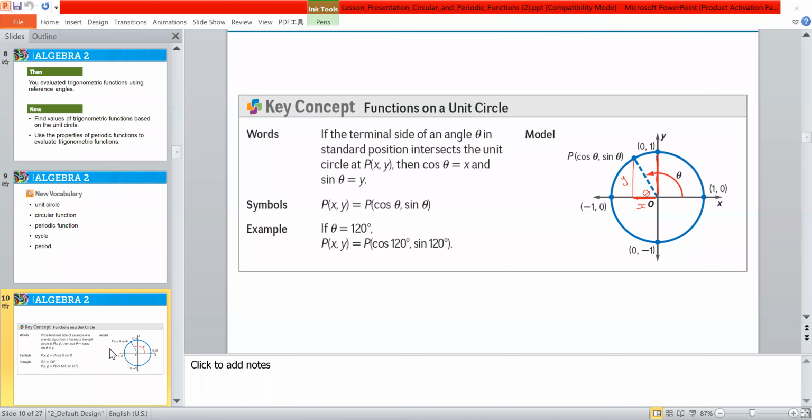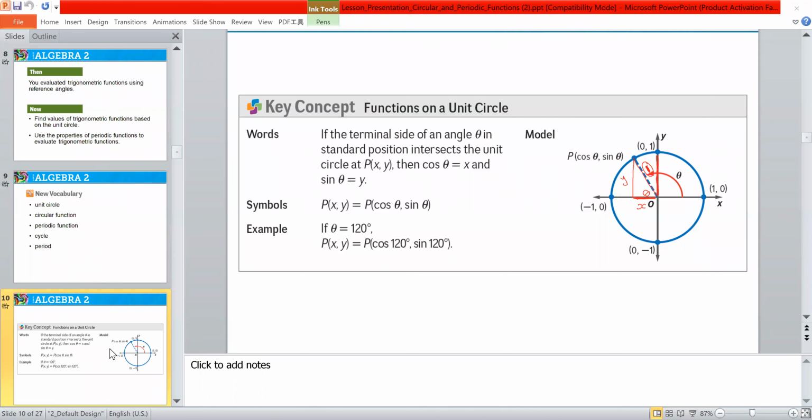As I said, it's a unit circle, so this radius will be 1. Now we have a triangle. The 3 sides of the triangle are x, y, and 1. We have an angle theta.